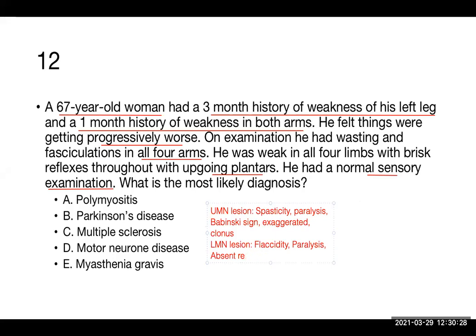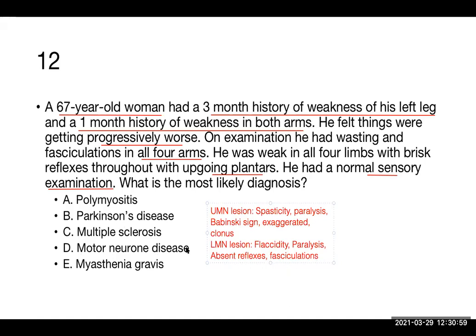Of course, the clonus will be absent here, because of the absent reflexes. And one of the important features present here is fasciculation, which provides important clues for lower motor neuron lesion.